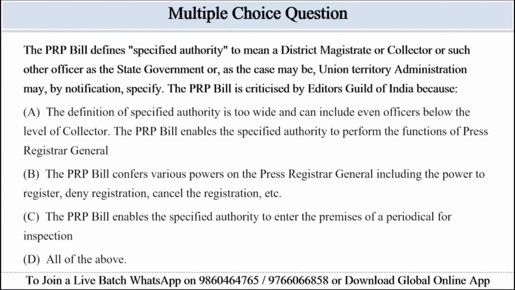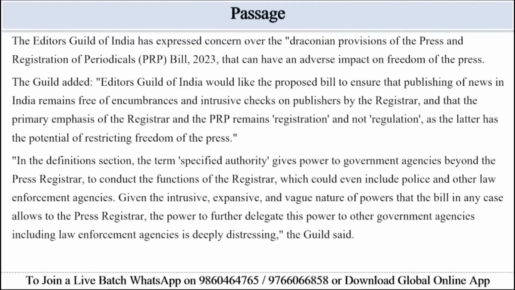The passage itself says specified authority can include government agencies beyond the press registrar, possibly police and other law enforcement. The registrar already has intrusive, expansive, and vague powers. Powers include denying and cancelling registration and entering premises to inspect records.